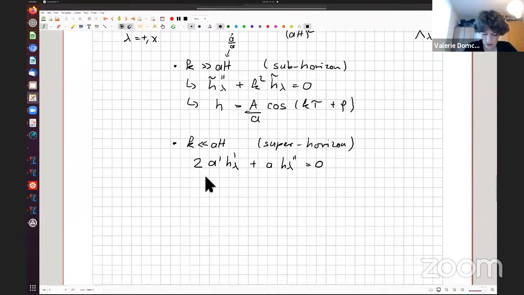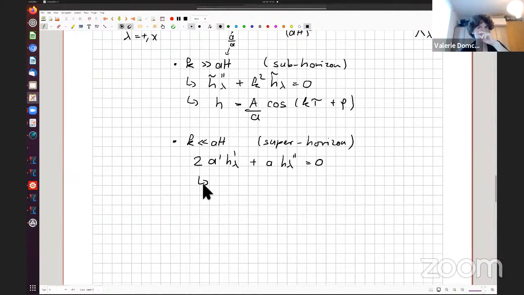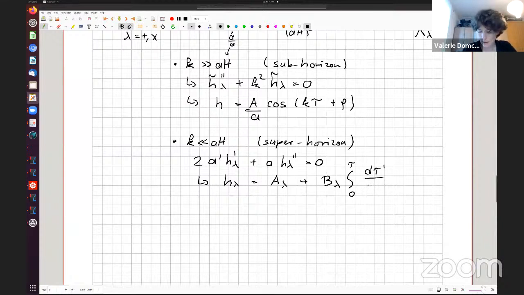You can look this up, or plug it into your favorite computer program and ask for the solution of this differential equation. The solution is some constant plus another constant, two constants of integration because this is a second order differential equation, times an integral from 0 to tau of d tau prime over a squared of tau prime. The observation is now that this integral goes to 0 in any expanding universe.